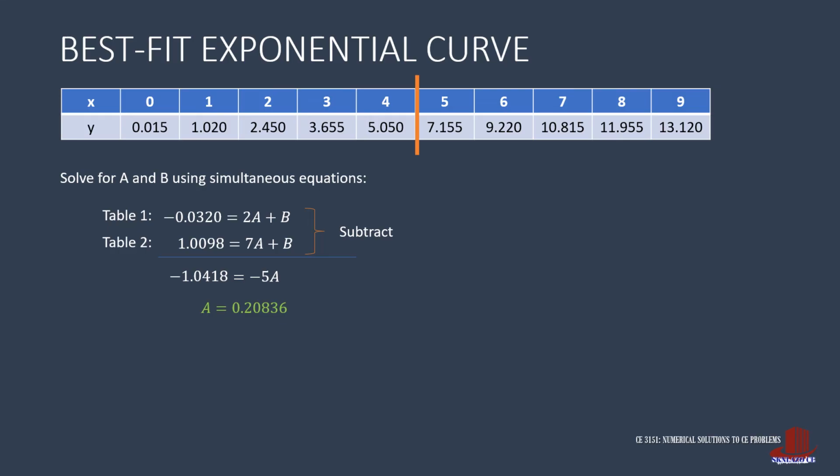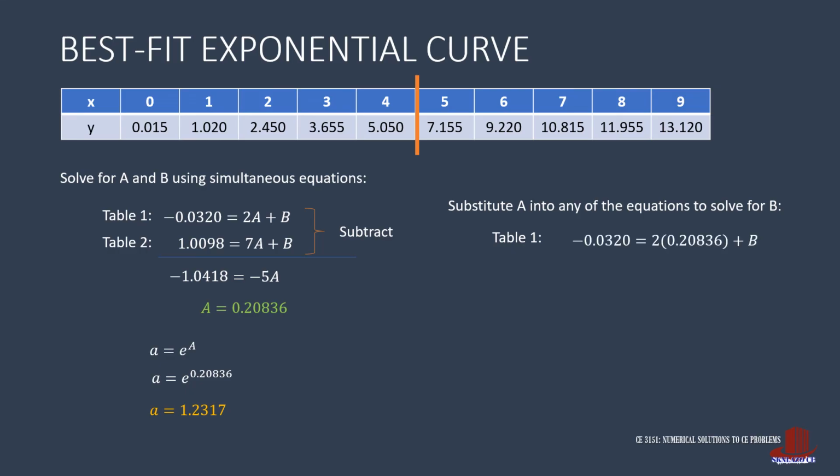To solve for a, use exponential rules, which is e raised to capital A, or that is e raised to 0.20836, giving a as 1.2317. B is then solved from one of the equations where A is plugged in. Say we take the first function, negative 0.032 equal to twice of 0.20836 plus b, and capital B is solved as negative 0.4487.